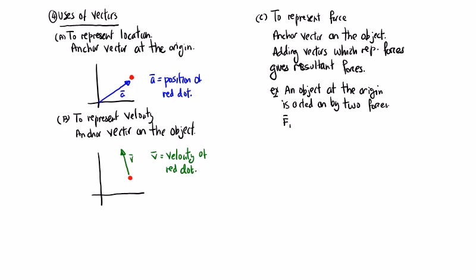One could be, say, F1. I'm going to make these vectors, and they can be capital letters just so they don't look like functions. F1 could be 7i plus 1j, and F2 could be, say, negative 3i plus 2j. And we could ask, what is the resultant force?